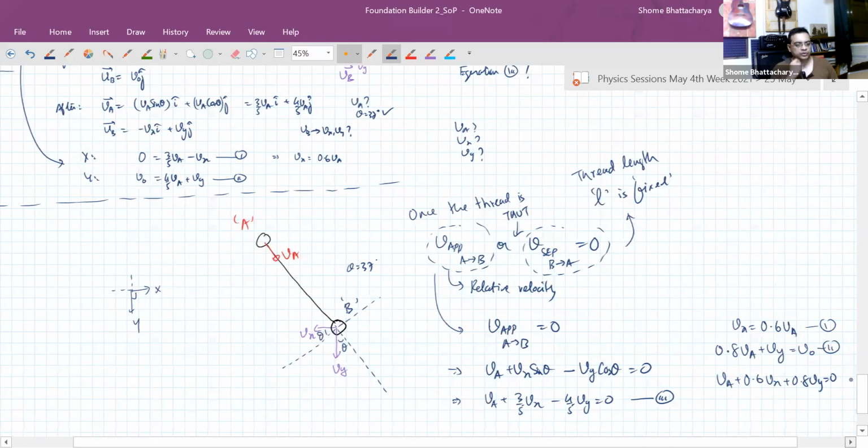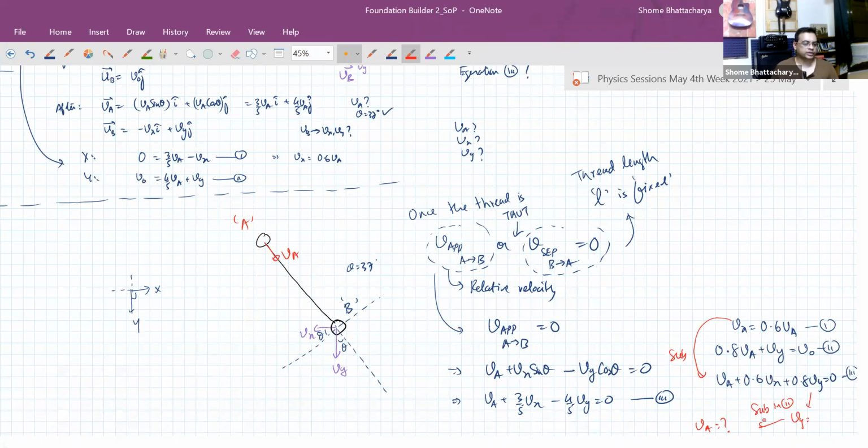So what we can do is first try to find out VA in terms of V naught. We can substitute Vx from equation 1 into equation 3. That will give us Vy in terms of VA. We will then substitute this Vy in the second equation, which will give us VA in terms of V naught. Then we can substitute that in the two equations and we'll get Vx and Vy also. Remember, V naught is the known quantity and Vx, Vy and VA are the unknown quantities.